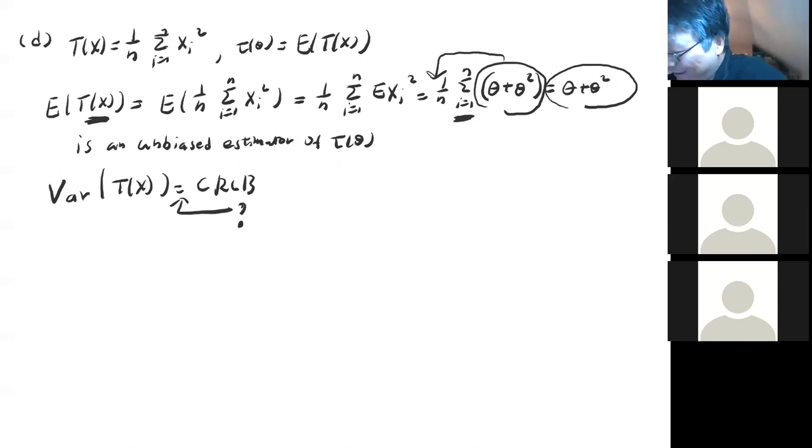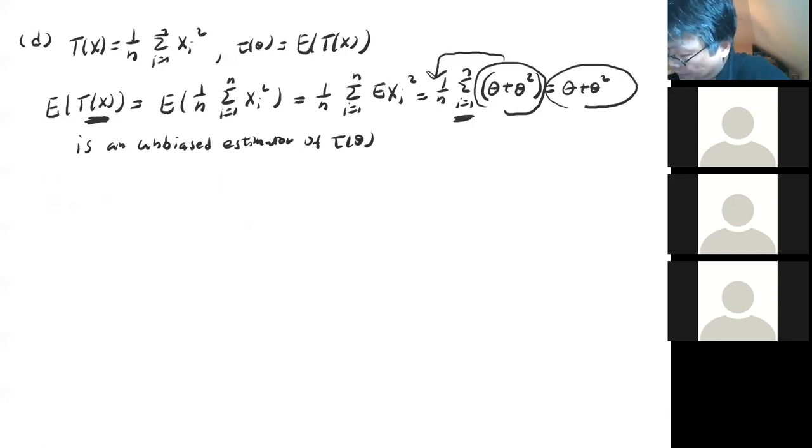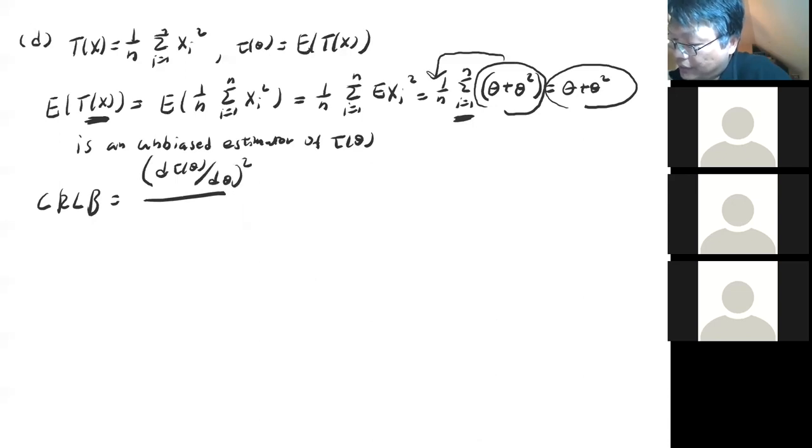Okay, good. So then let's do it. Of course, we want to derive what the CRLB is. This one is actually easy to derive because you've already worked on something like it previously, right?